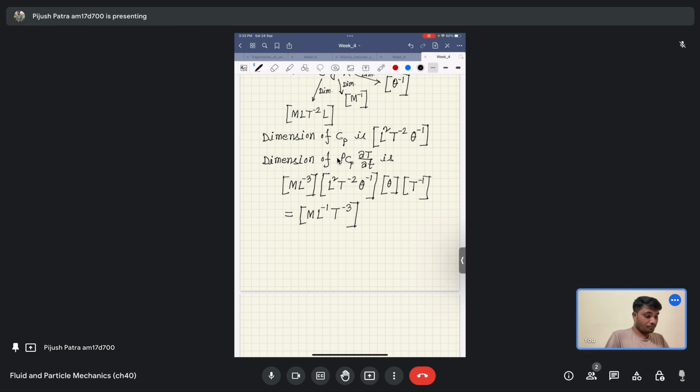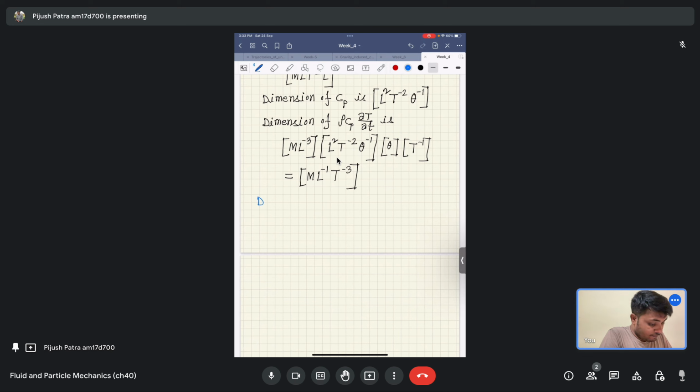Yes. So dimension of rho Cp, the temperature transient term in the energy equation. This is the temporal term in the energy equation.